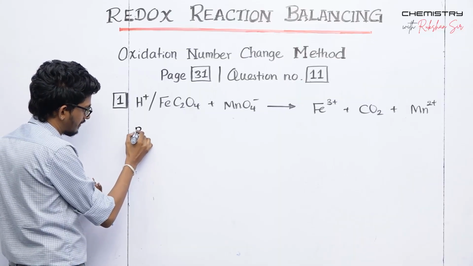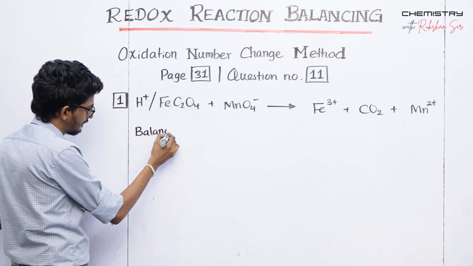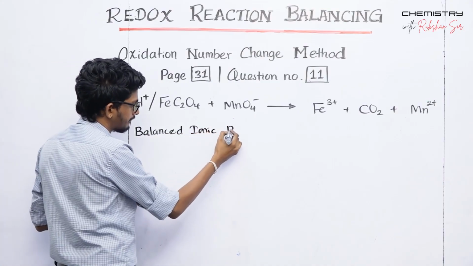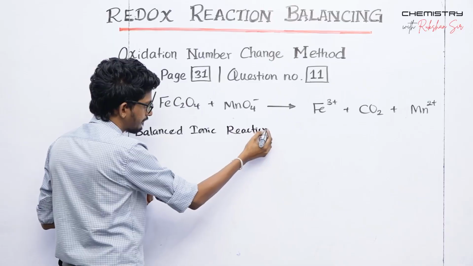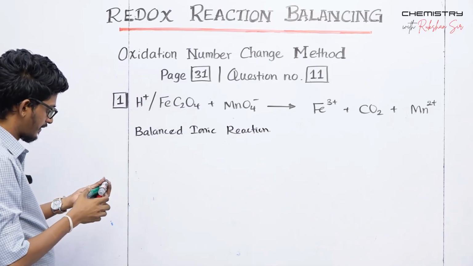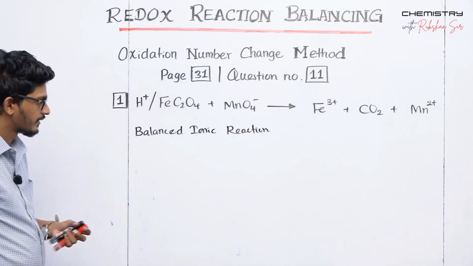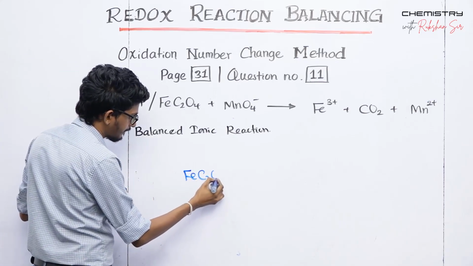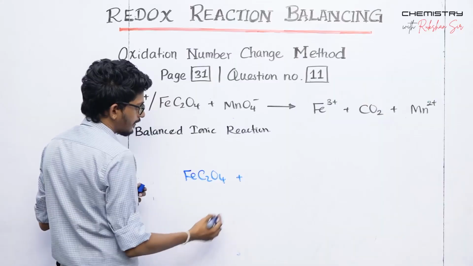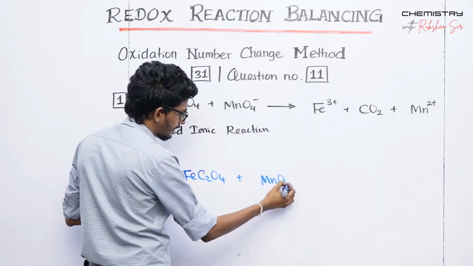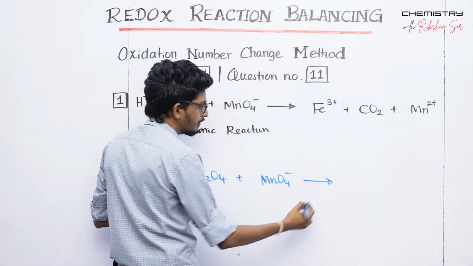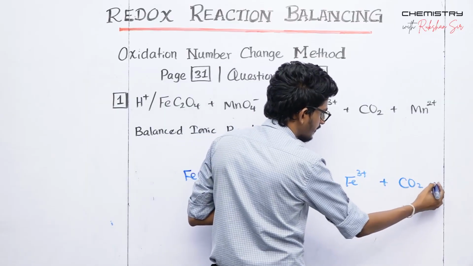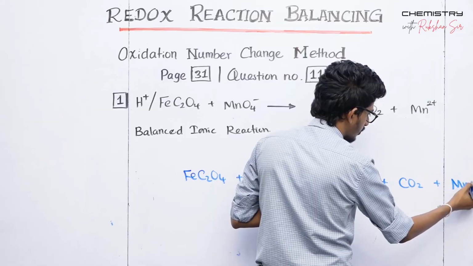That is what we are doing here. First write the chemicals: Fe2+, C2O4 2-, plus MnO4-, giving Fe3+, CO2 and Mn2+.